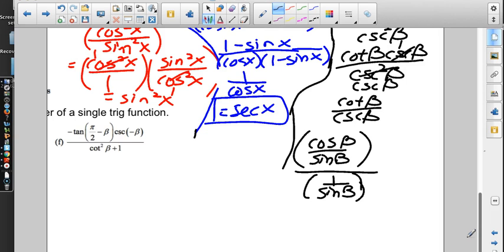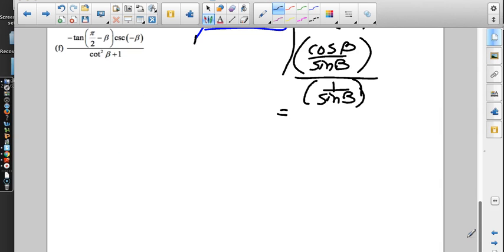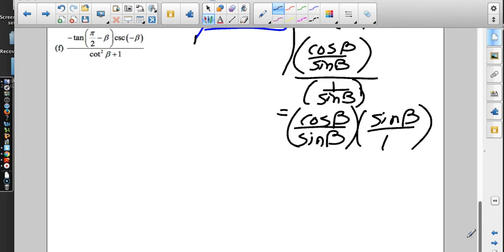Okay, well these are fractions. We multiply by the reciprocal, so cosine of beta, sine of beta, sine of beta over 1. Oh, looky, there it is. Cosine of beta.